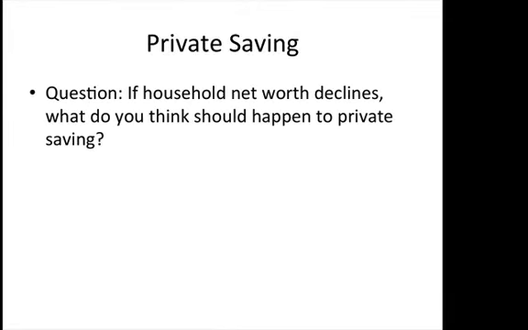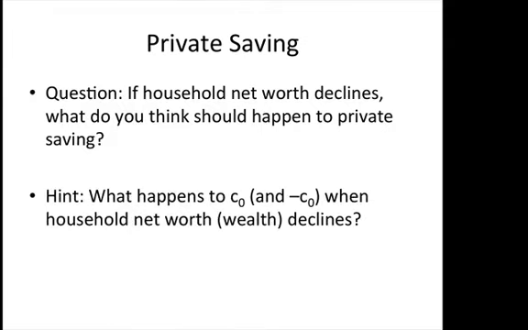So let me ask you a question. If households' net worth declines, what do you think will happen to private saving? Will people save more or will they save less? Well, here's a hint. What happens to autonomous consumption? We know from the previous discussion that if people's net worth or wealth increases, autonomous consumption will go up.